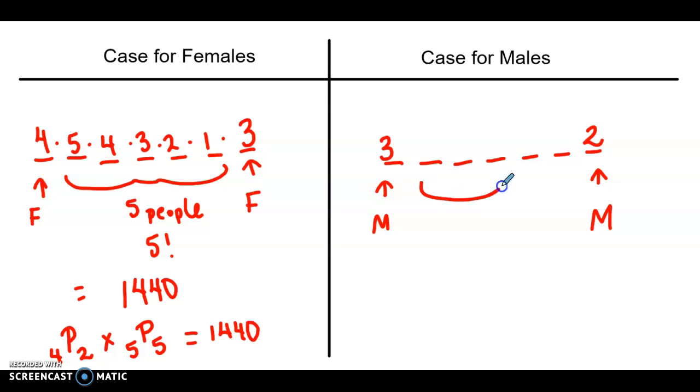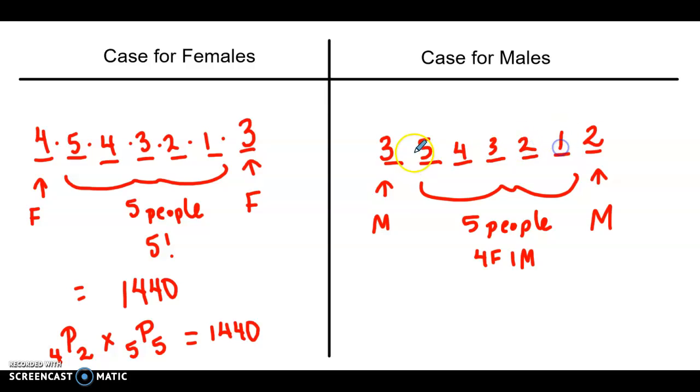And with the same reasoning, there are 5 people, a combination of 4 females and 1 remaining male, to be seated. And there are 5, 4, 3, 2, 1 ways to sit the rest of those people. Multiplying all of those, again, that is 5 factorial.